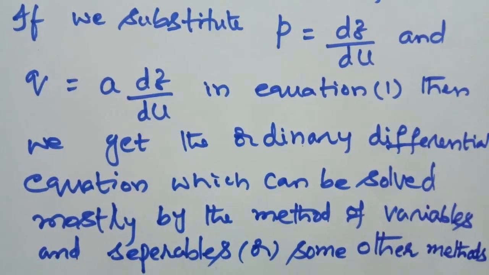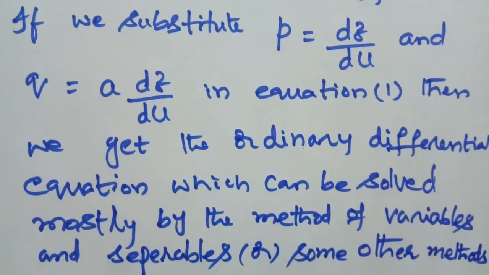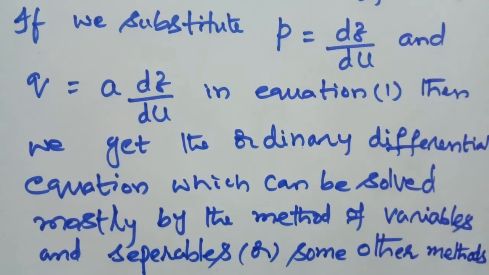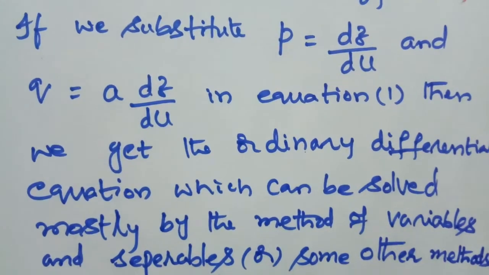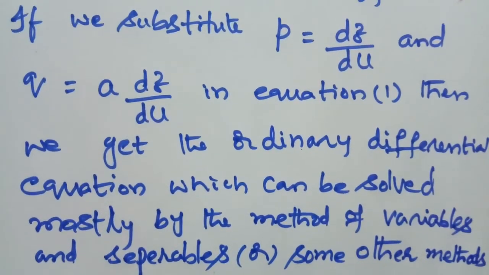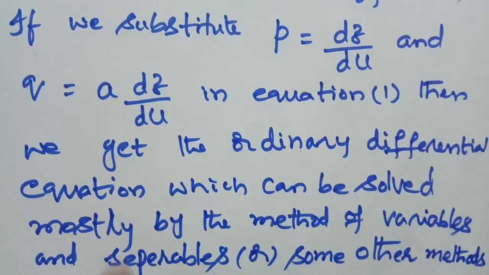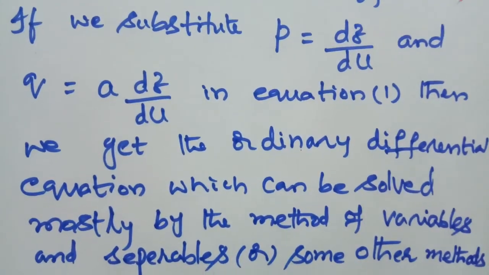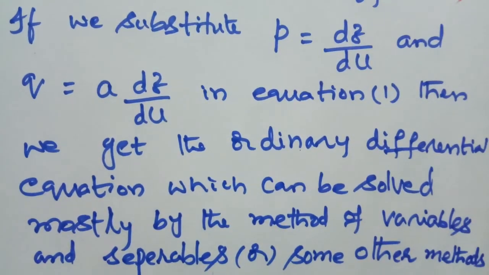Variables separable you already learned in our intermediate second year. Therefore, we can solve the reduced ordinary differential equation by using the method of variables separable in most of the cases. But sometimes we may use some other techniques of differential equations to solve the differential equation obtained after substitution of the values of p and q. Now we can solve the problems.